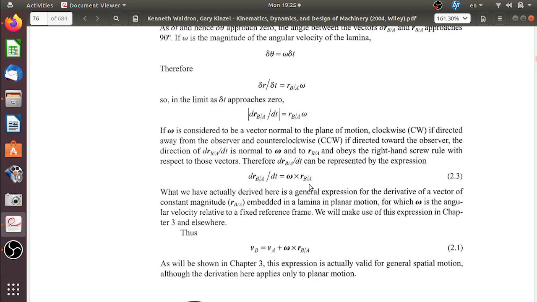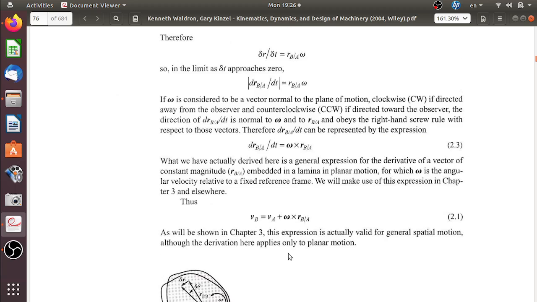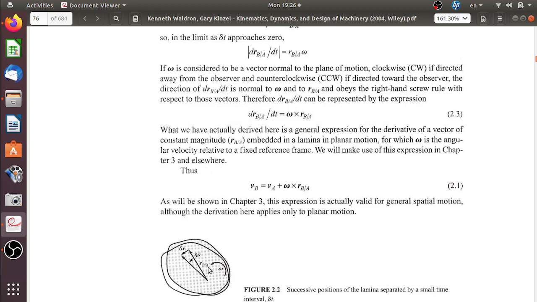Therefore, the velocity of point B, VB, we can write as the velocity of point A plus omega cross RB/A, where omega is a vector which represents the angular velocity. The direction of this omega is perpendicular to the plane.